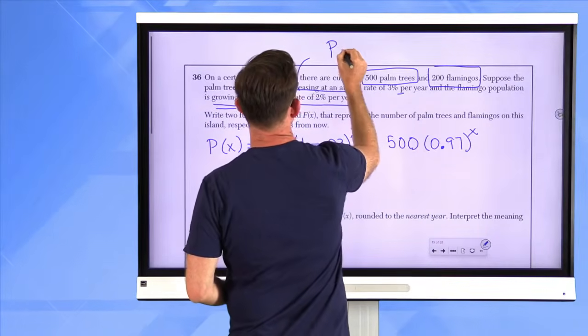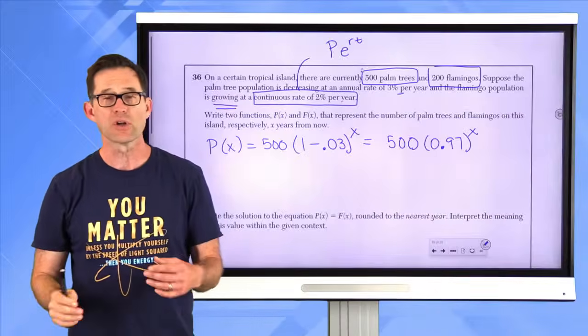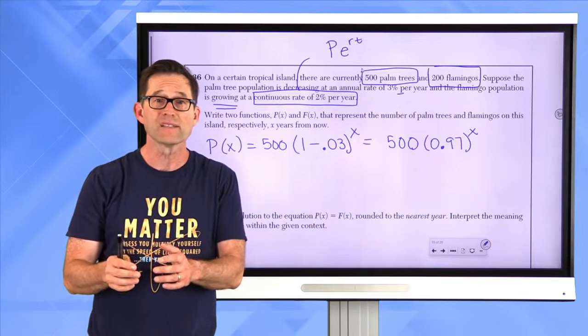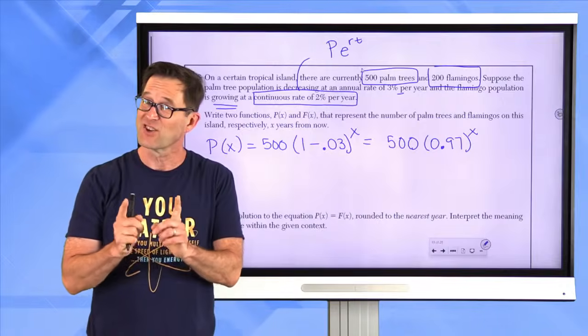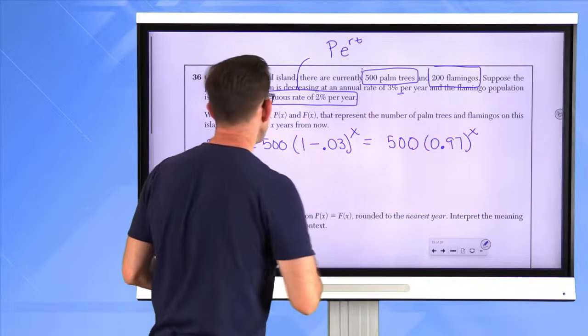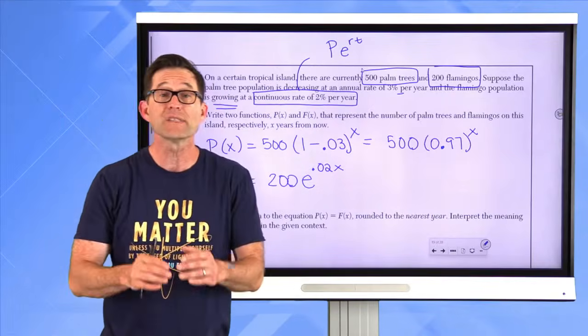P times e to the RT, where P is the original amount, e is the number e, r is the rate in decimal form, not 1 plus the rate, just the rate in decimal form, and t is time. In this case, we're going to actually have an x. So our flamingo population is actually 200 times e to the 0.02x. Not to the 1.02x, just the 0.02.